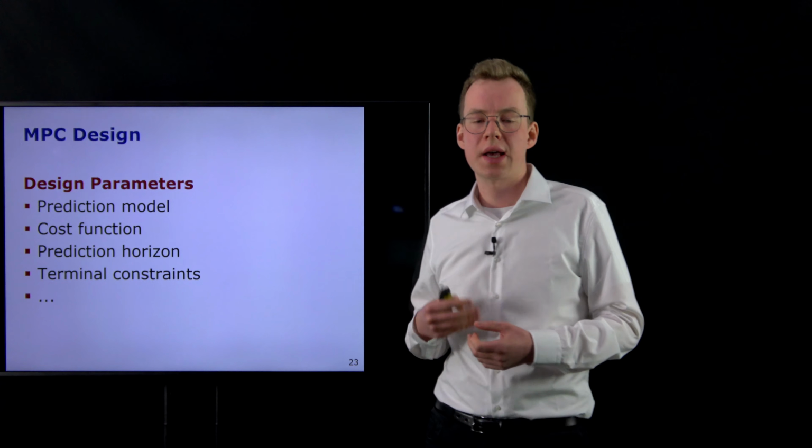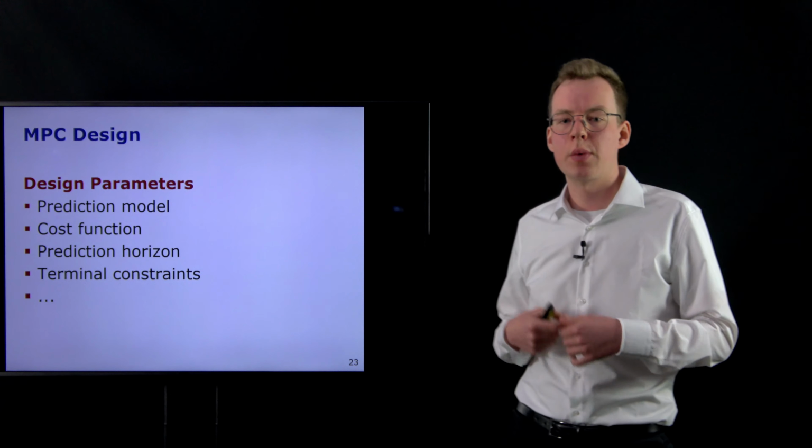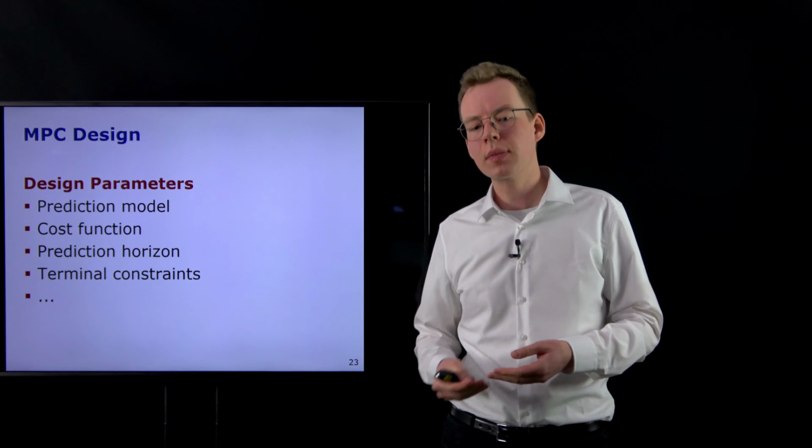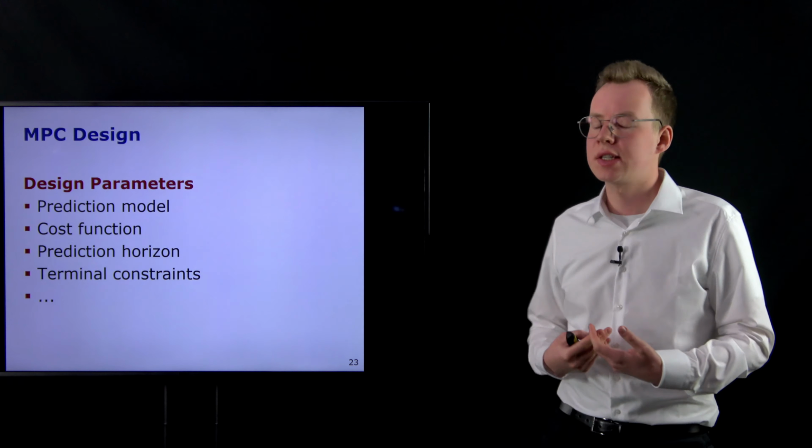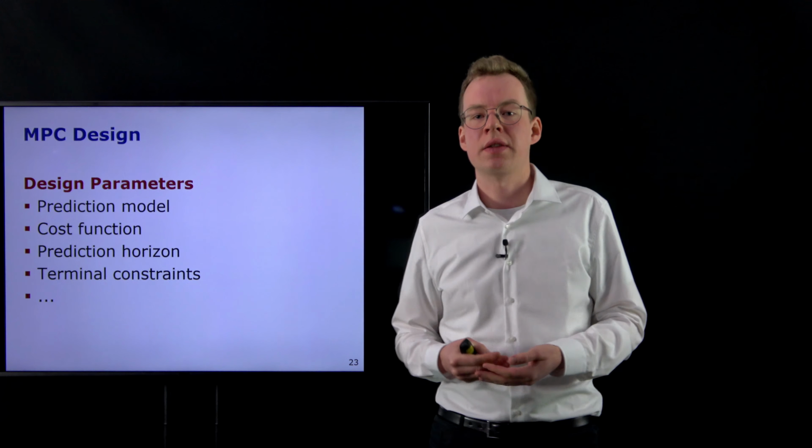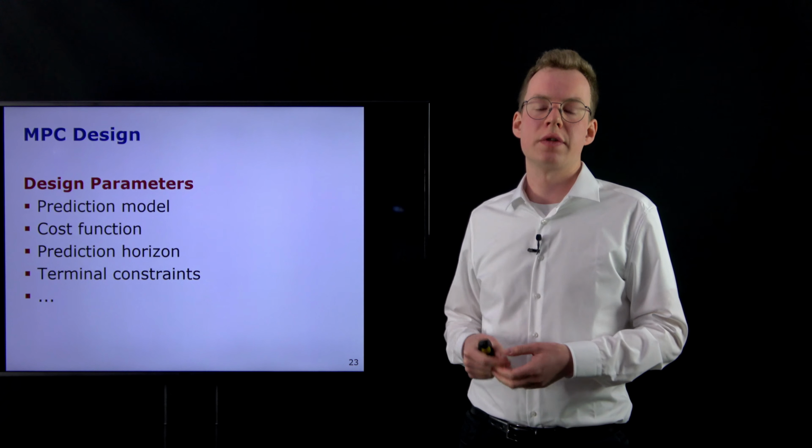Now that we've discussed the high-level idea of model predictive control, I want to briefly discuss the different design parameters that are involved in order to successfully design an MPC controller for a given system.